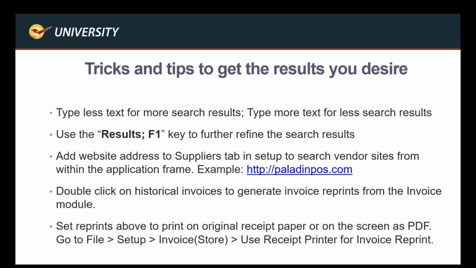But maybe going to a vendor's website, a supplier's website, is something relevant, and that's okay for your employees to do. You can spawn that website right inside of Paladin. They can't go anywhere else on the web. It only takes them to that website, and they can navigate around that. So that's nice. You can still keep your security in place, but yet still allow them access to the supplier's website if you so desire.